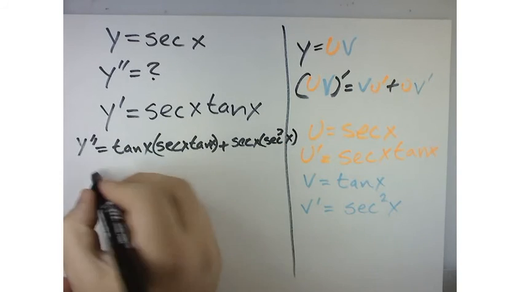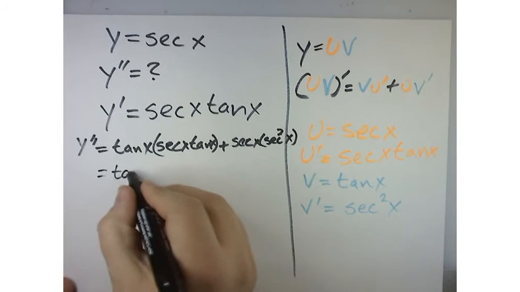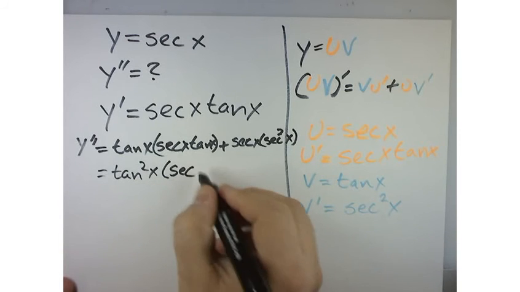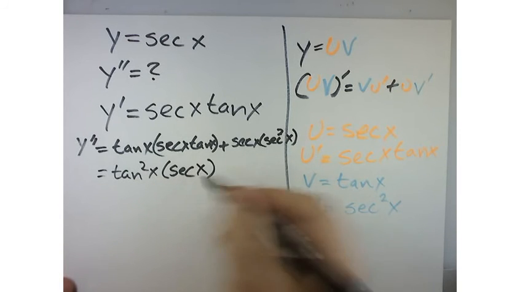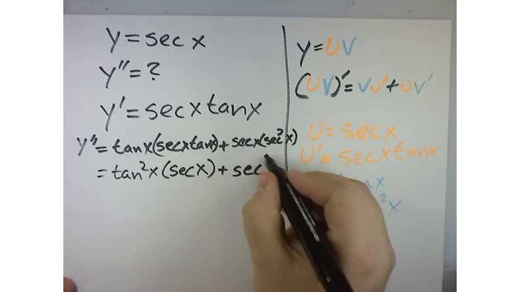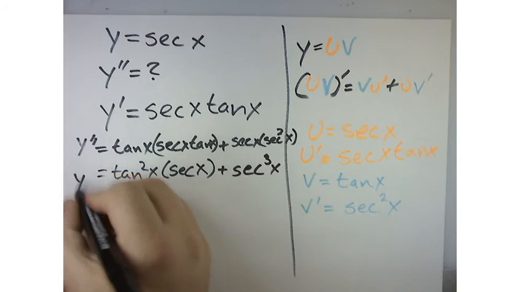So what I have is tangent squared of x times secant of x plus secant cubed of x. That's y double prime.